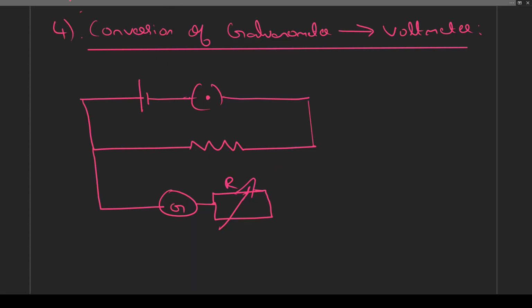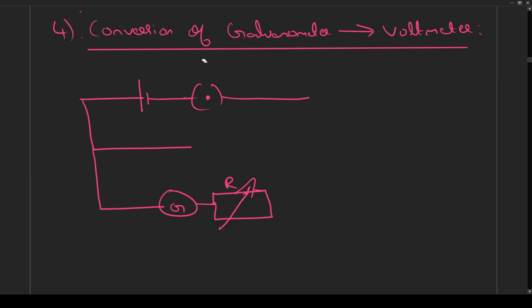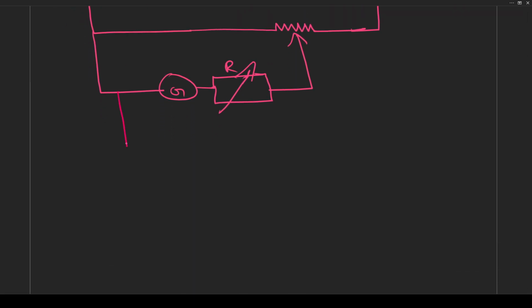Now let's draw this a little different. This is a rheostat. Now we connect a voltmeter here for verification.